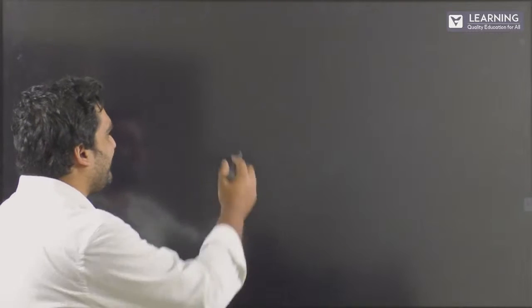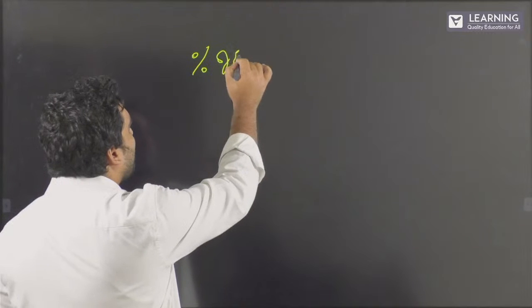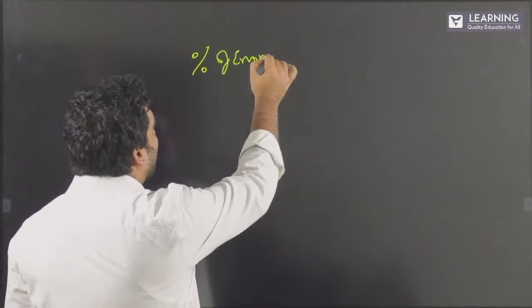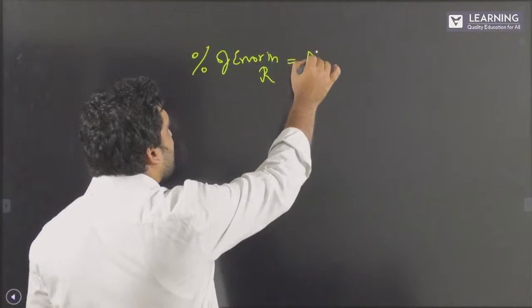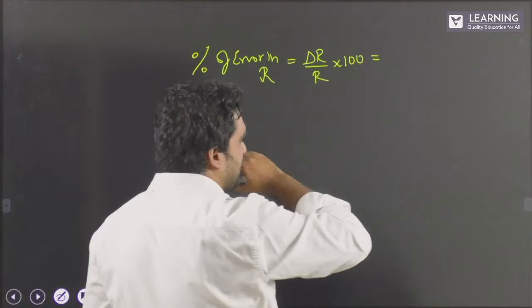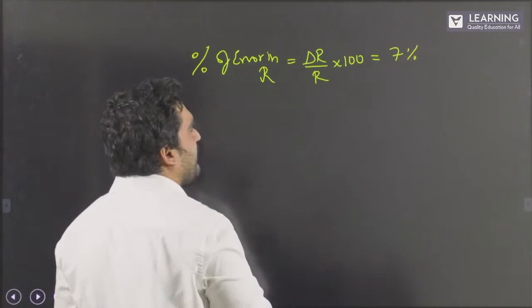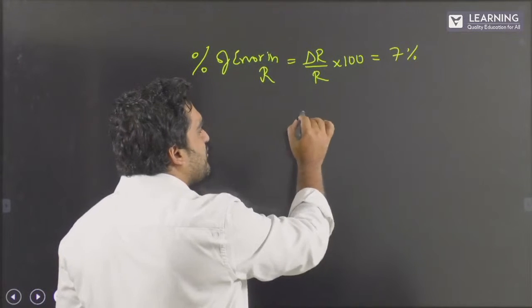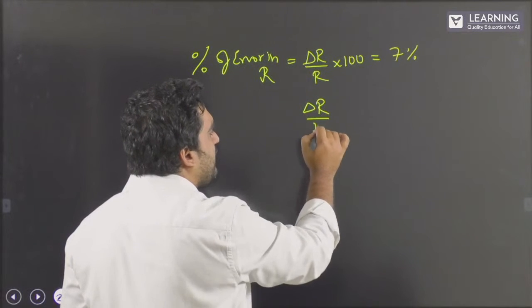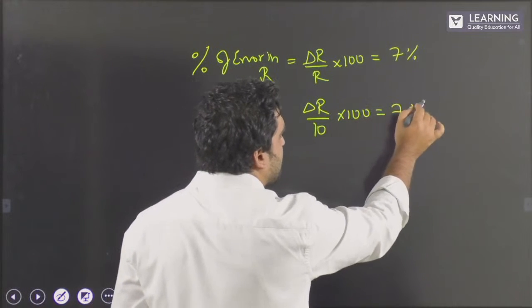It's fun. So the percentage of error in R equals delta R by R times 100, which equals 7%. Now R, as you know, we found it to be 10, times 100 equals 7%.